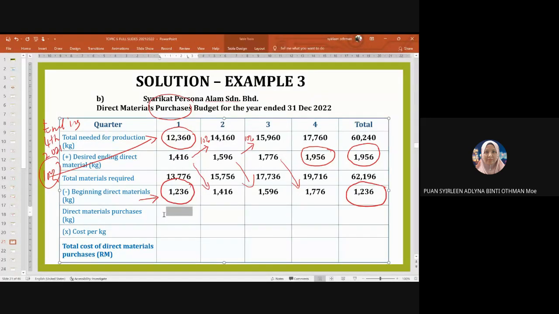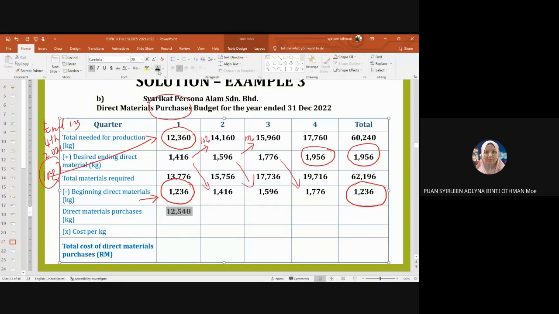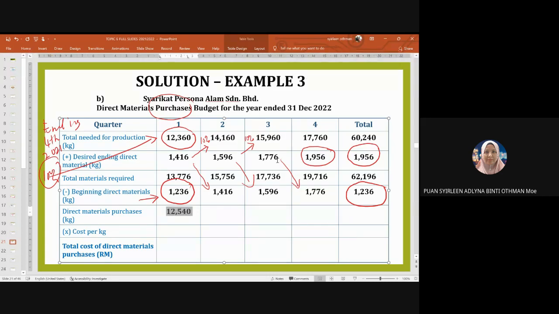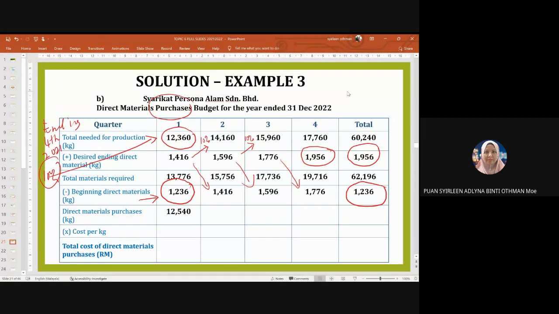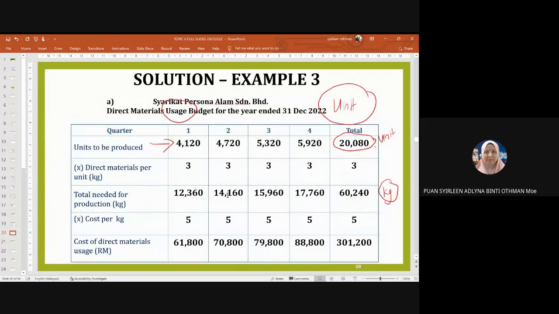So you get here total direct material yang perlu dibeli. Okay, alright. Apa beza yang ni dengan tadi? Ini yang perlu dibeli ya. Yang atas ni, yang tadi tu, usage tu, yang you nak guna.